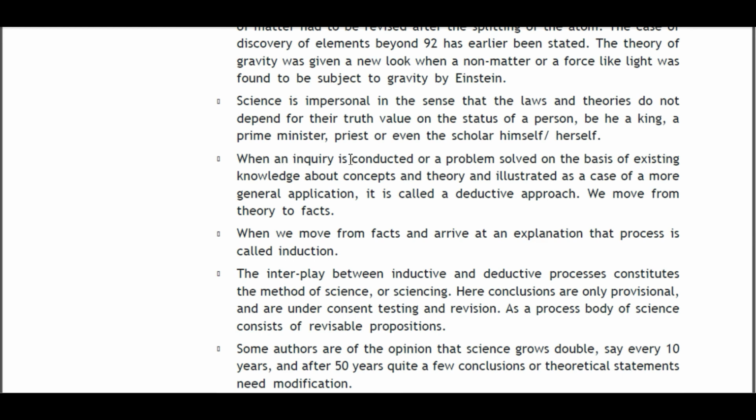When an inquiry is conducted or a problem solved on the basis of existing knowledge about concepts and theory and illustrated as a case of a more general application, it is called a deductive approach. We move from the theory to facts. When we move from facts and arrive at an explanation, that process is called induction.